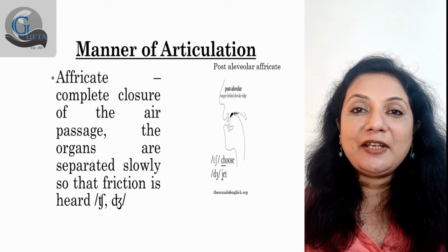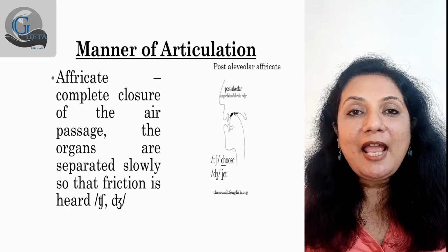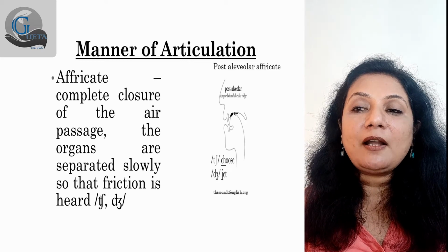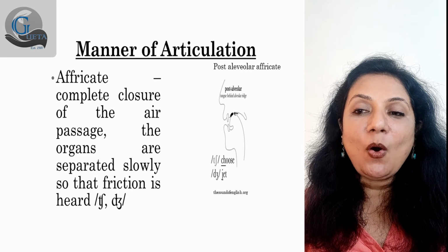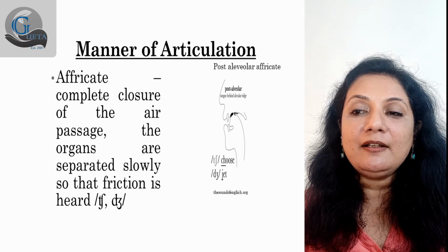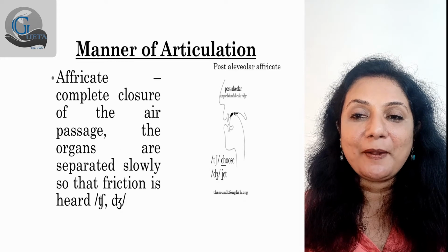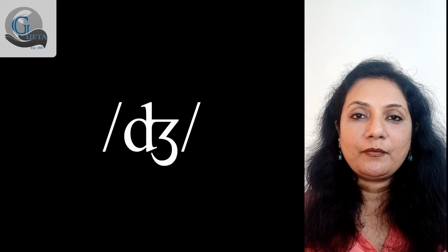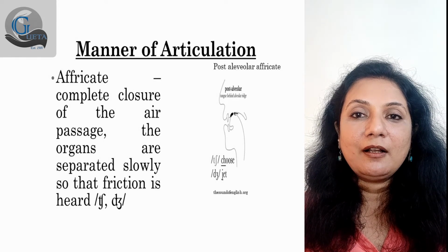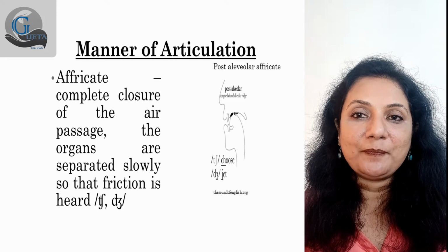Then affricate sound. In affricate sound, there is complete closure of the air passage, and then the organs are separated slowly so that friction is heard. For example, ch and j. So these are the sounds which are known as affricate sounds.